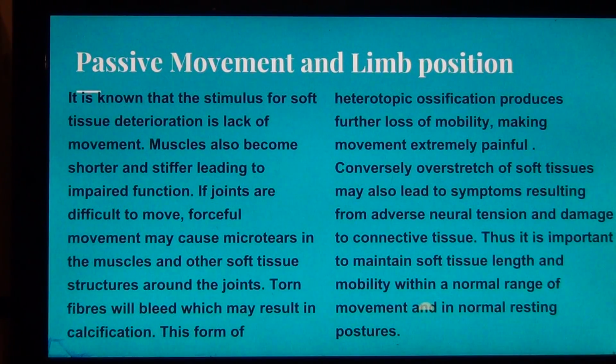Conversely, overstretch of soft tissues may also lead to symptoms resulting from adverse neural tension and damage to connective tissue. Thus, it is important to maintain soft tissue length and mobility with a normal range of movement and a normal resting posture.